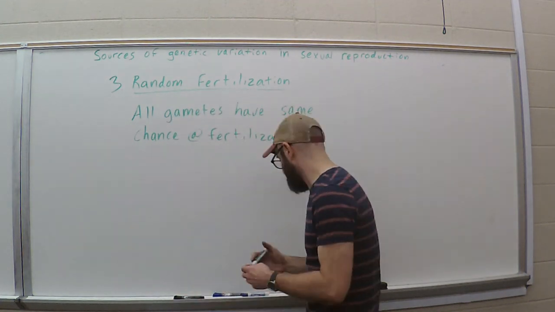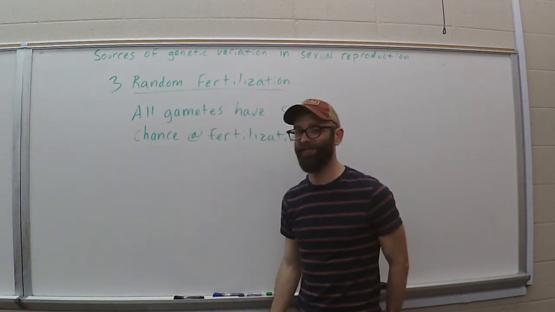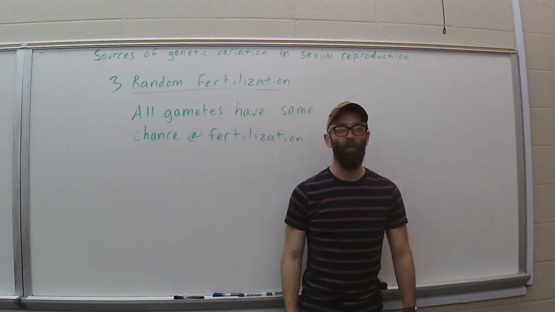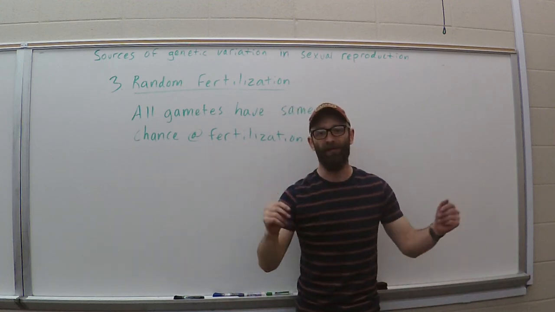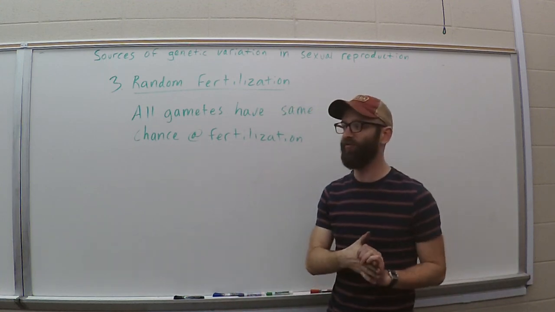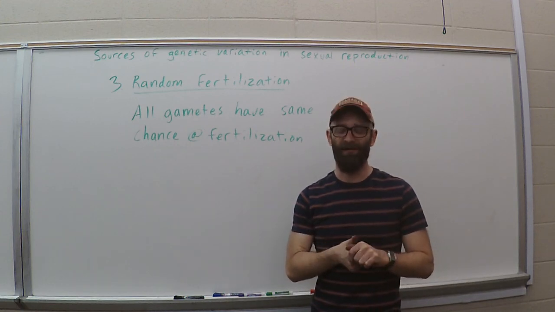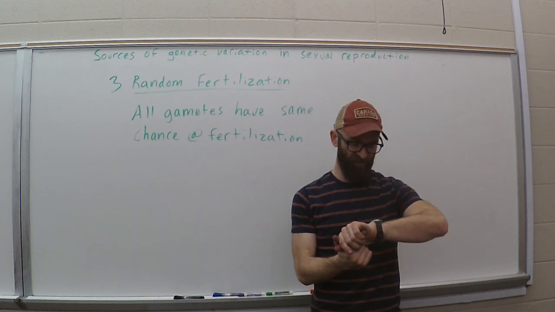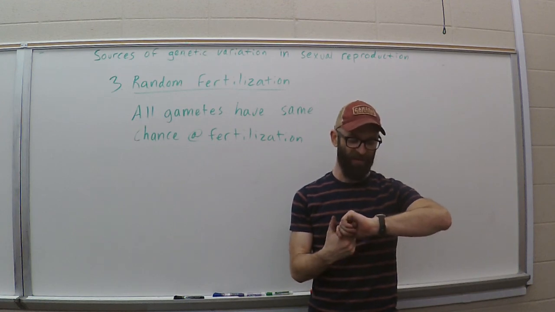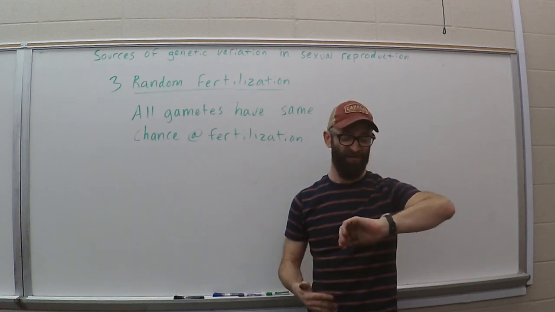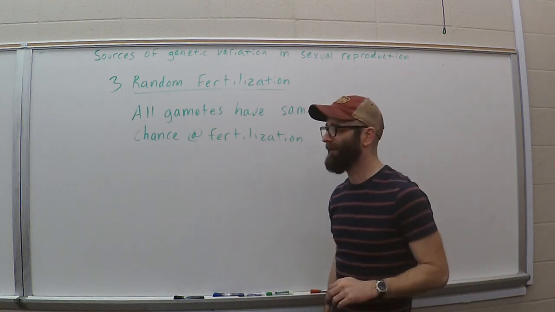All right, you're probably aware of this, but organisms don't just produce one gamete when they need to reproduce, right? Usually they make a whole bunch. You might notice, it's March 20th right now. You're probably not going to be watching this, let's be honest, until April, right?